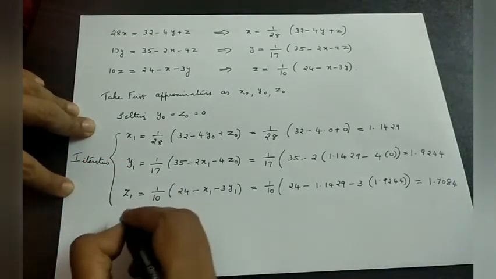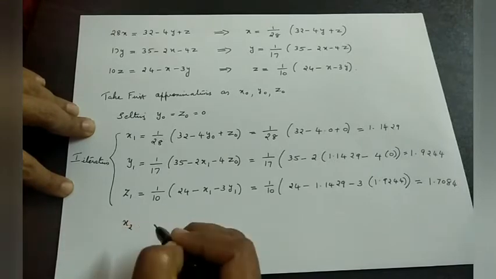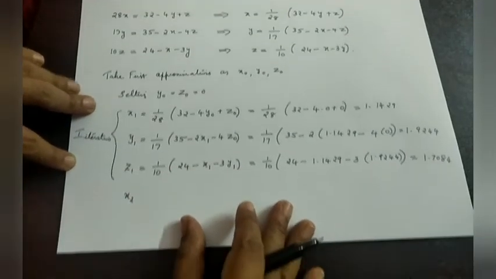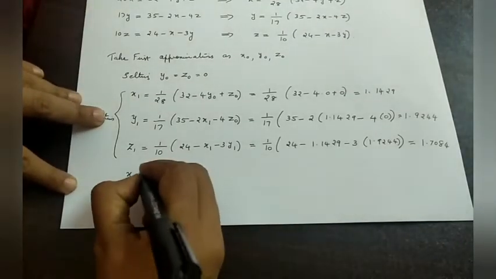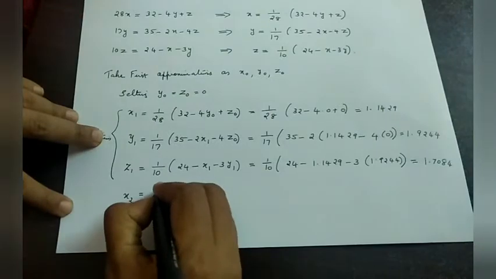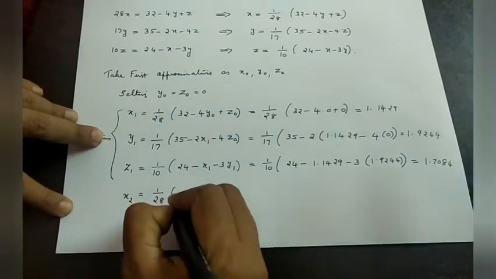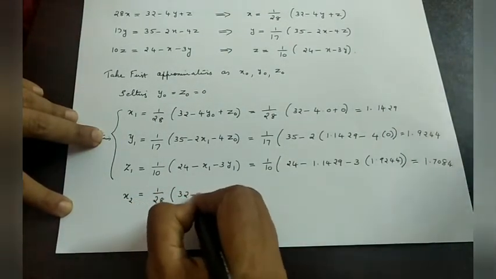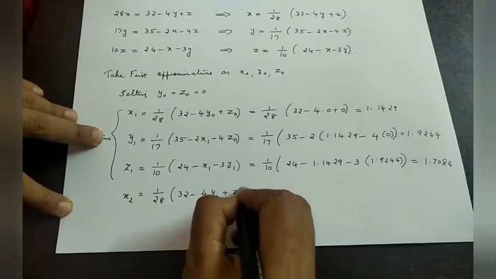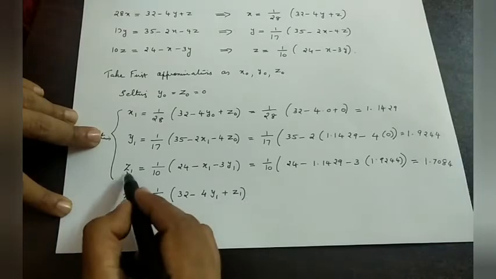Now similarly we can find the second iterations x2, y2 and z2 by using the same formula. This x2 is equal to 1 by 28 into, substituting, 32 minus 4 into y1 plus z1, because we have already found z1.